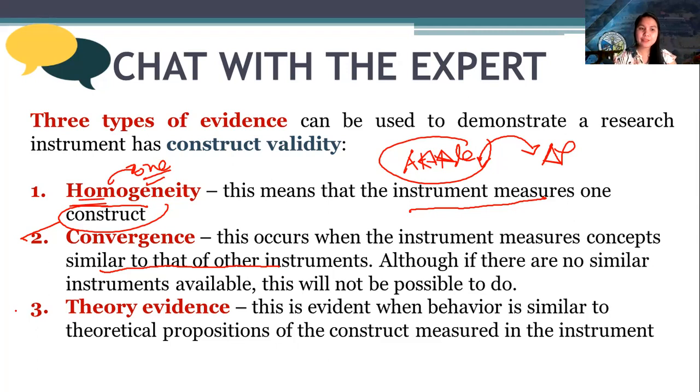Then the last one, third one, theory evidence. For example, if this will be my statement, what does the theory say? Example, let me deal on Joshua's study. Joshua's study is on students' perceptions in the online learning environment and academic performance.